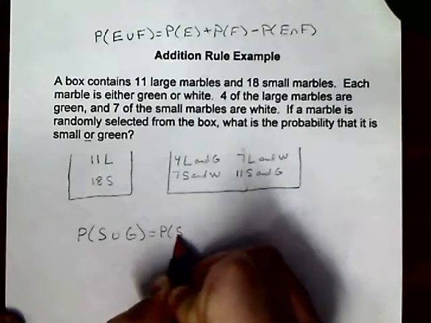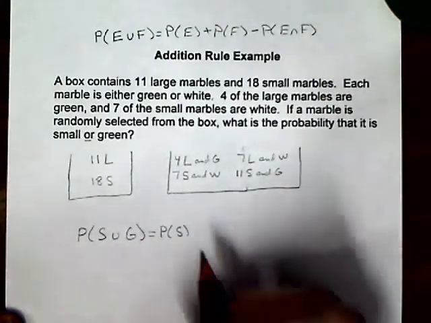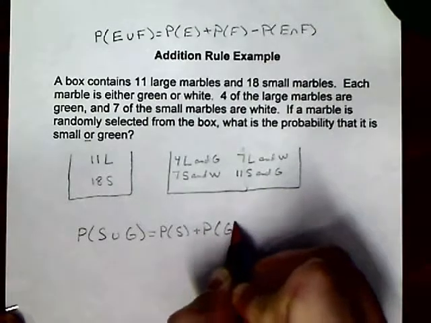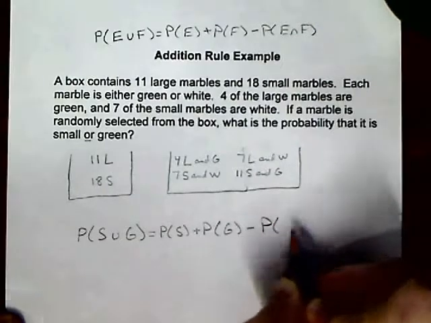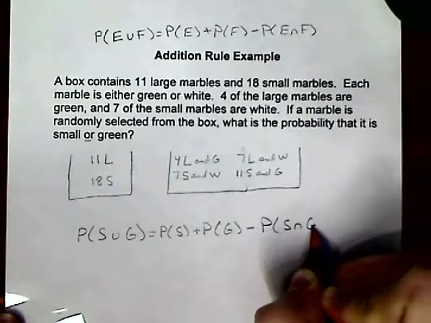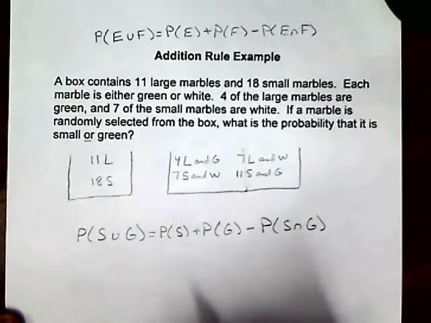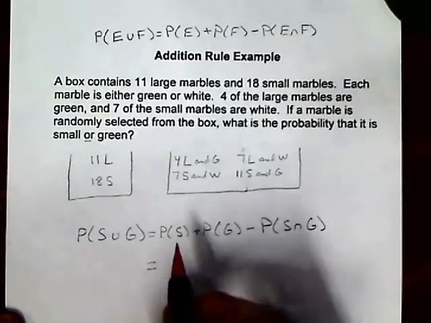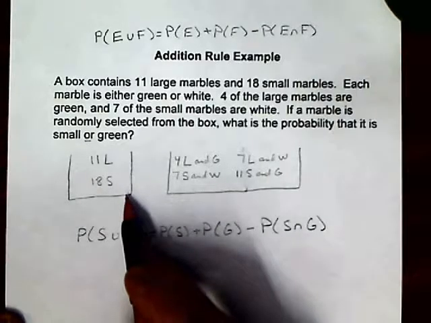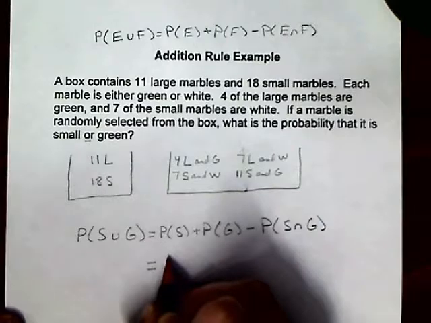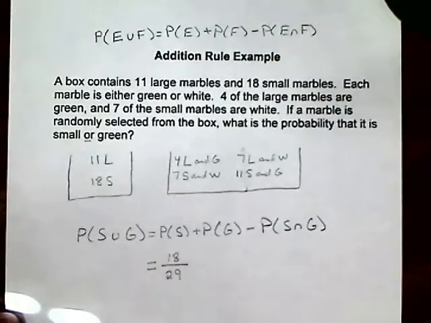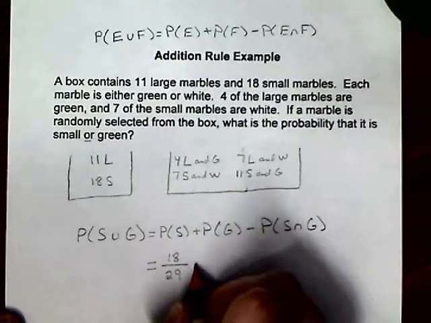So the addition rule would say the probability of S union G is the probability of S plus the probability of G minus the probability of the intersection, S intersect G. Okay, so the probability that I get a small marble, well, I would use this representation of the box to get at that probability. I know that I've got 18 small marbles out of the total of 29 marbles in the box. So that probability is 18 over 29.